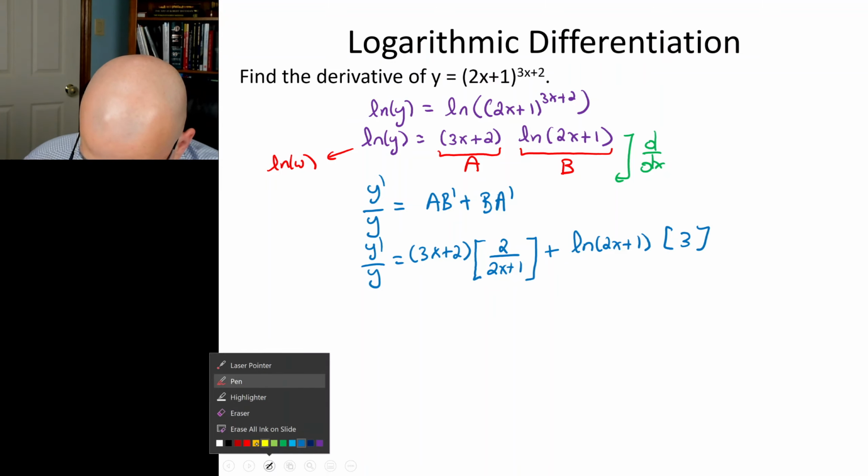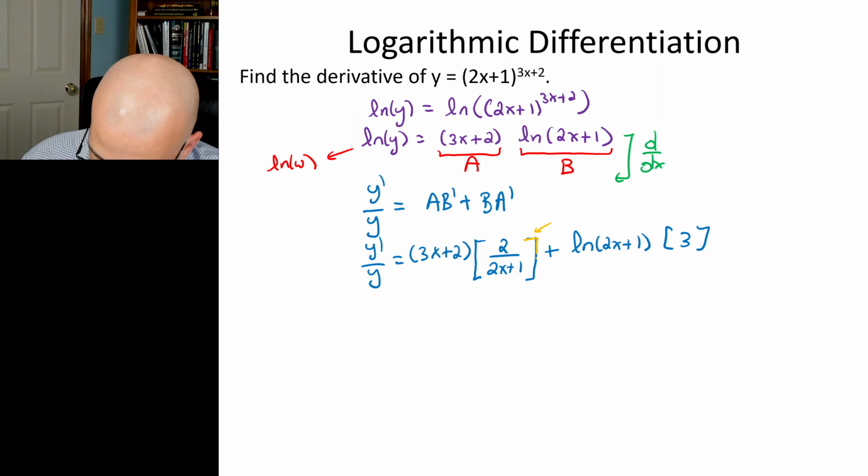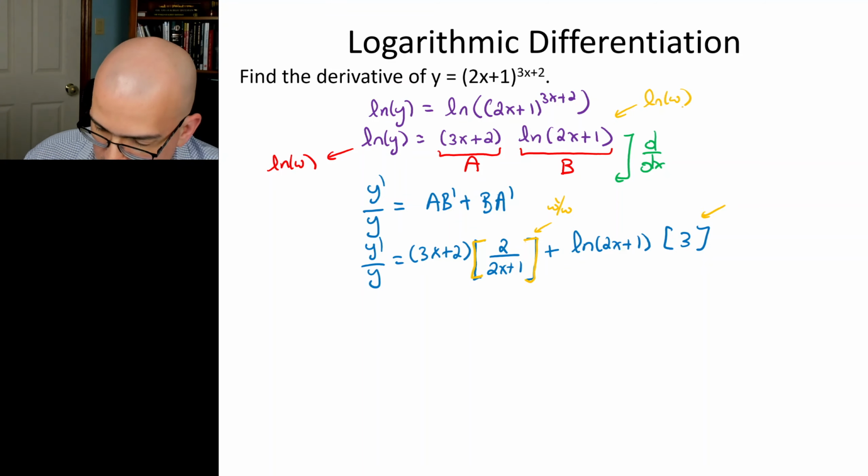I'll label those pieces there. So the 2 over 2x plus 1, that was w prime over w, and the 3 was the derivative of 3x plus 2.